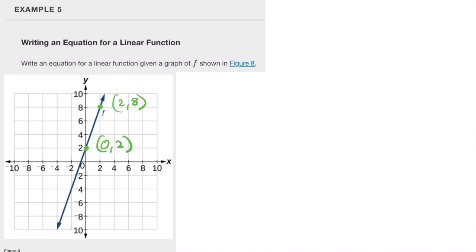If we want a linear function, again, I'm just a fan of starting at y equals mx plus b. You might see the book call this f of x equals mx plus b. I think we already have our y-intercept. It looks like our y-intercept is 2, so I'm just going to plug that in.